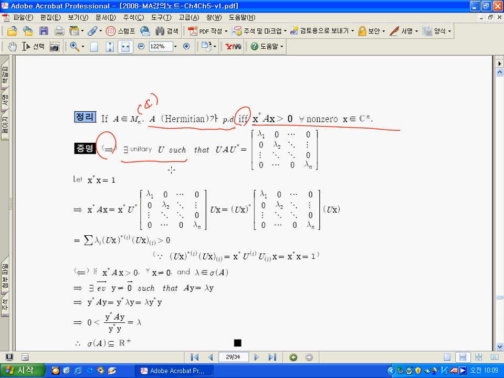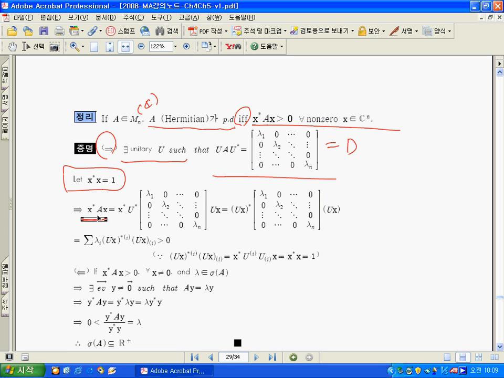Since it's a Hermitian matrix, it is unitarily diagonalizable. So there exists a unitary matrix U and a diagonal matrix D with all main diagonal entries being eigenvalues of A. Let X be a normalized vector, and use it to calculate X star AX.